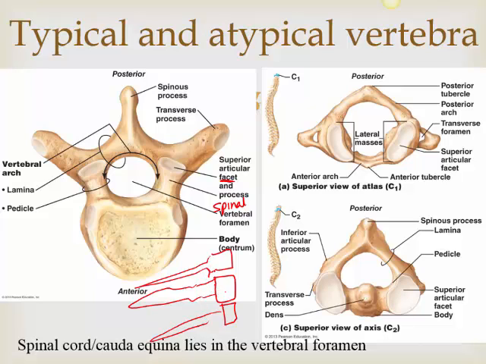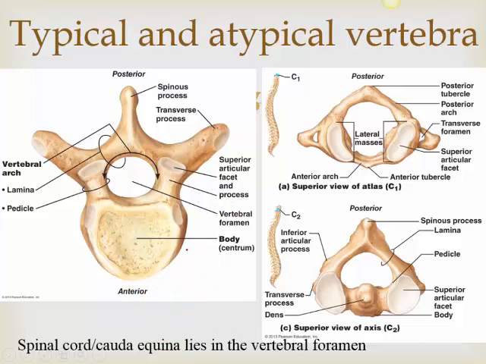So each will have a point where it articulates, helping to form a joint. Each vertebra will have a little process going up to articulate with the vertebra above, and a little process below which articulates with the vertebra below. These processes are called articular processes.